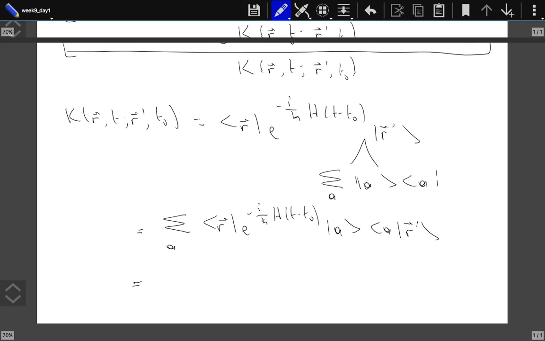Now keep in mind that I'm changing neither the positions of my operators nor of the kets. I'm paying attention to their positions. I don't write this operator to the right-hand side. I cannot do that. But what I can do now is that the Hamiltonian acting on these kets a here just gives me the energy, so we get e to the power minus i over h bar, E_a (t minus t0).